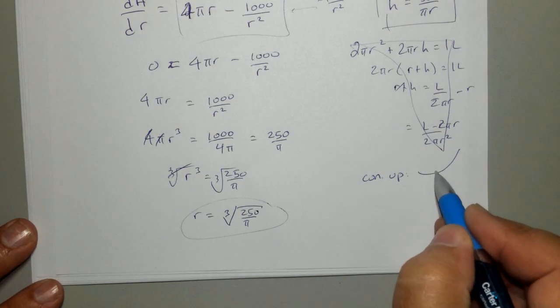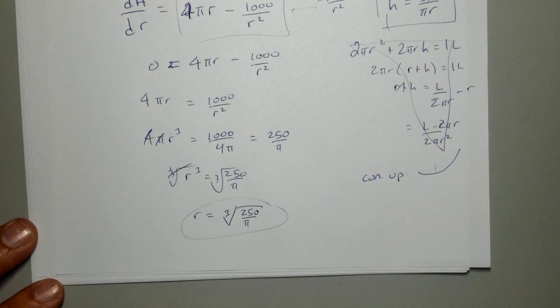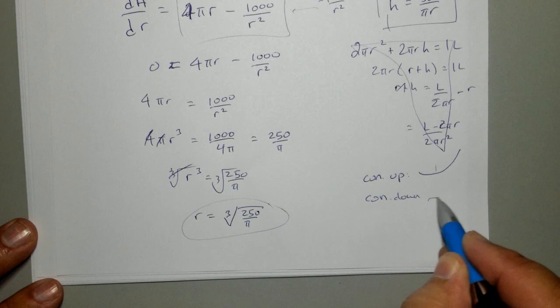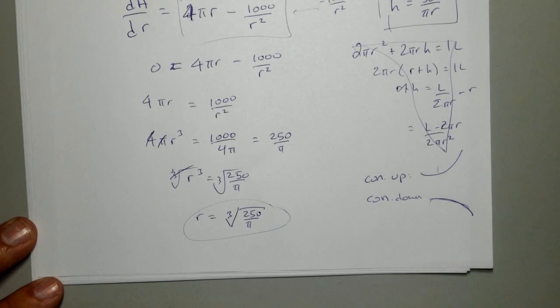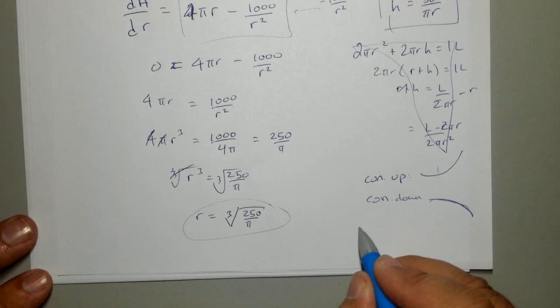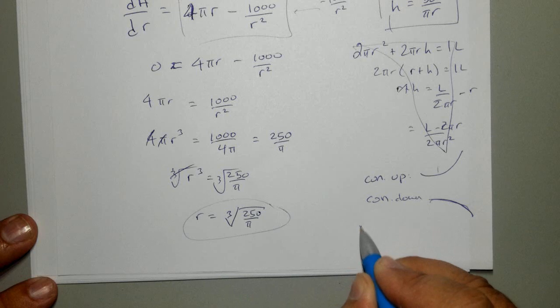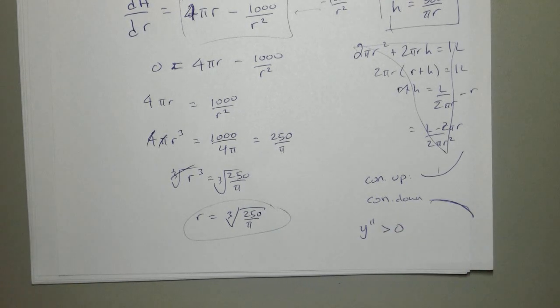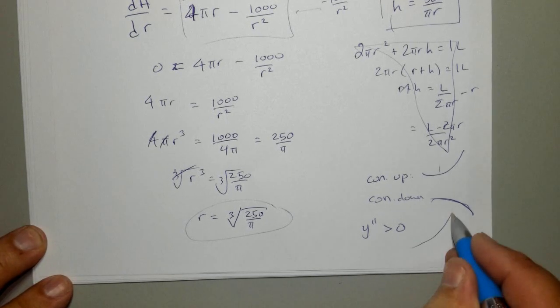The bowl opens up. If it's concave down, the graph points down. In other words, if the second derivative is always positive, what does that tell you about the function? The ever-increasing function.